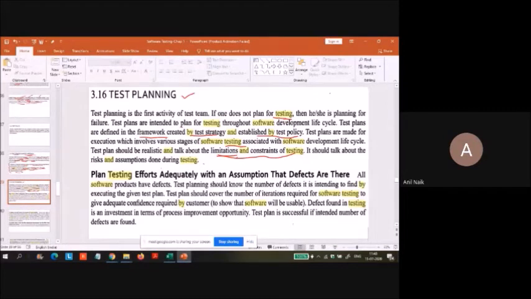What are the constraints? It should talk about the risks and the assumptions during the software testing. The test plan framework is created by the test strategy and established by the test policies.